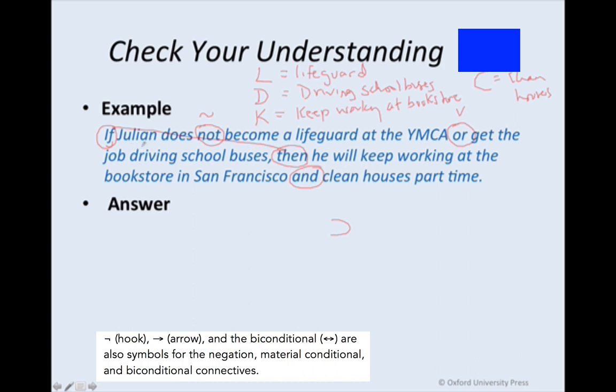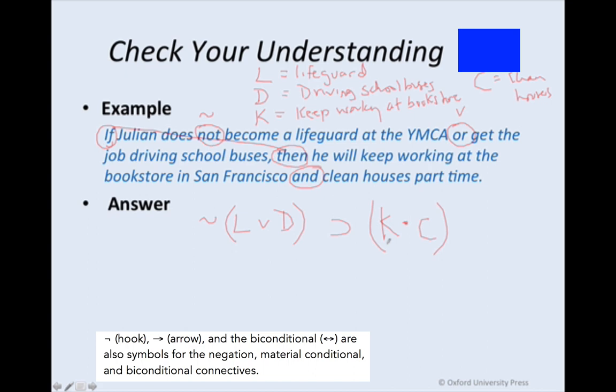What do we know about Julian becoming a lifeguard or getting a job as a school bus driver? If it's not the case that he becomes a lifeguard or gets the job as a bus driver, then he'll keep working at the bookstore in San Francisco and clean houses part-time. And notice that I need parentheses around both of these compound sentences.